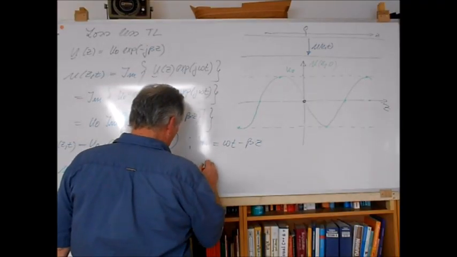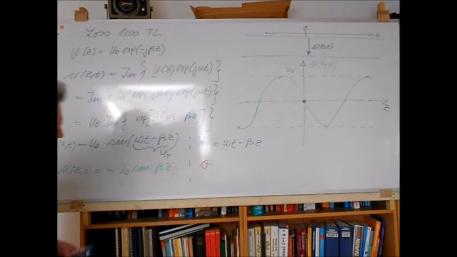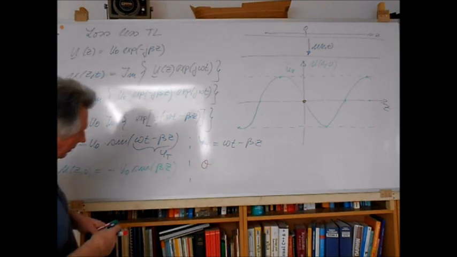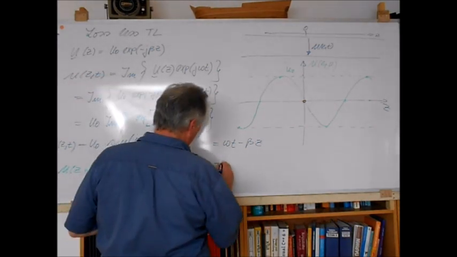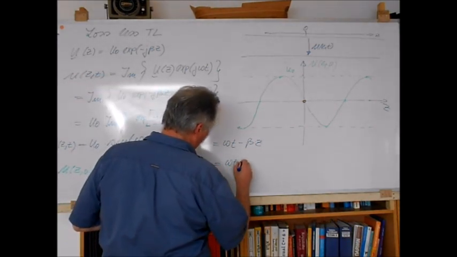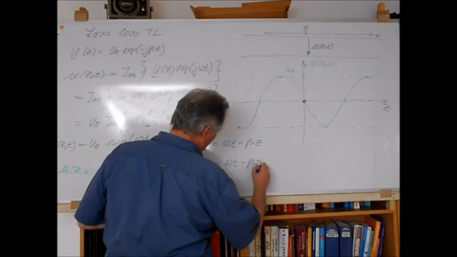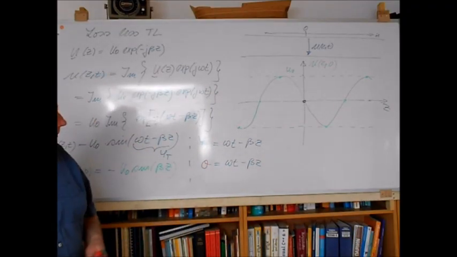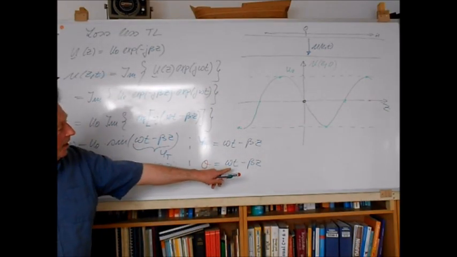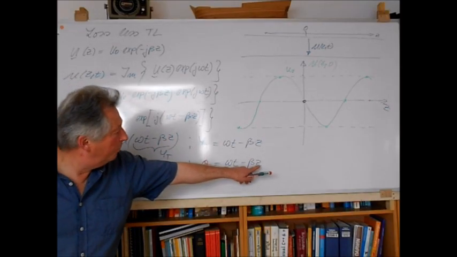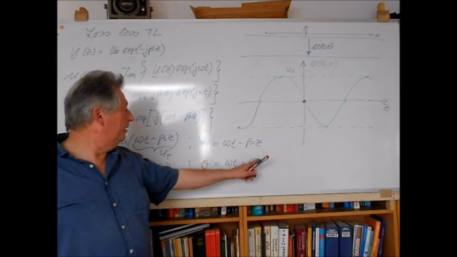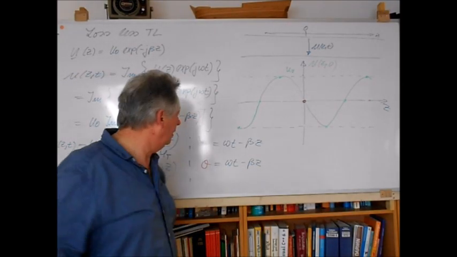This means we would have a 0 here, which is equal to omega t minus beta times z. And if we assume that the time changes, we can ask for the point in space where this red dot is.